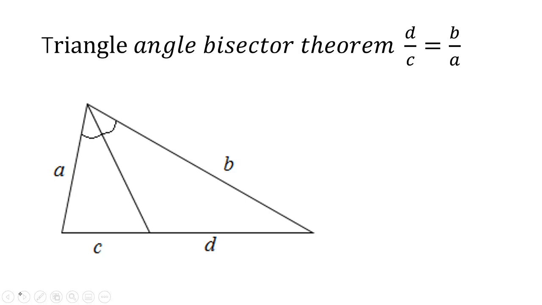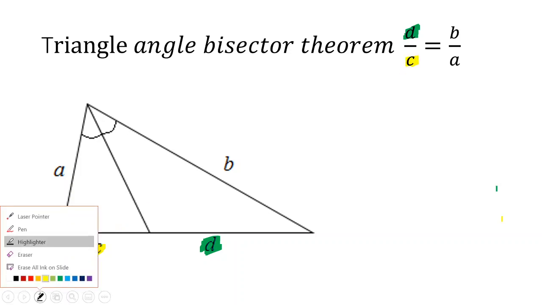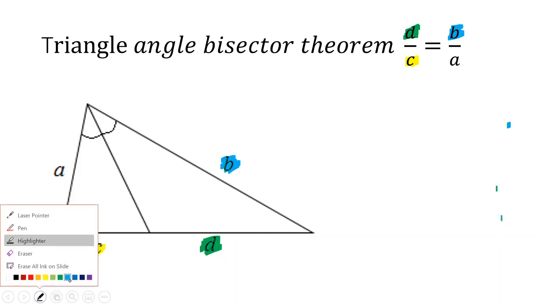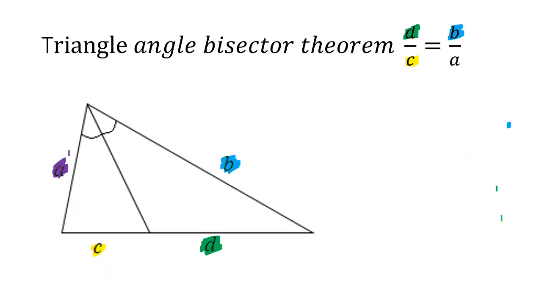talking about. The same thing occurs if you have a triangle, but one of its angles has been bisected to the other side. Again, we have the longer side of one edge as to the shorter side, and the larger side is proportional to the shorter side.